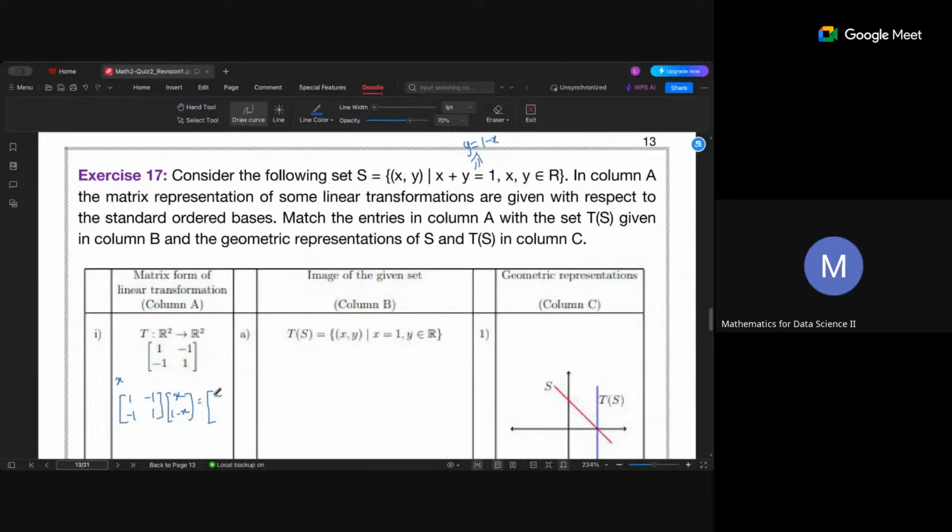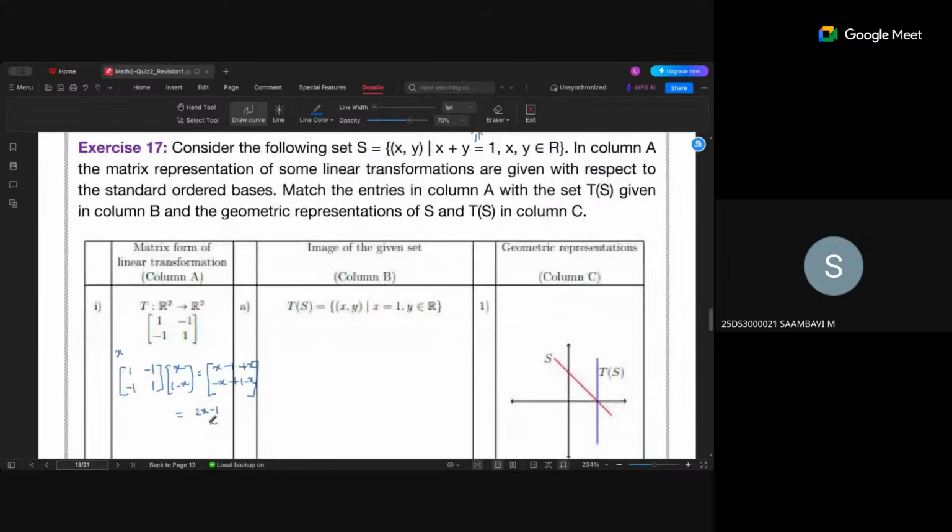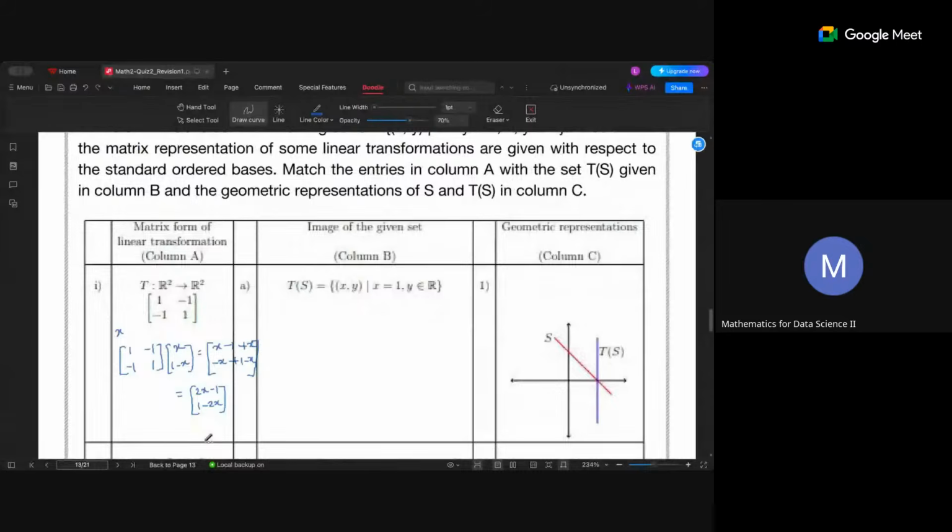Can you calculate quickly? x minus 1 plus x, and here minus x plus 1 minus x. So you will have 2x minus 1 and 2x plus 1, that is 1 minus 2x. So one is the negative of the other.